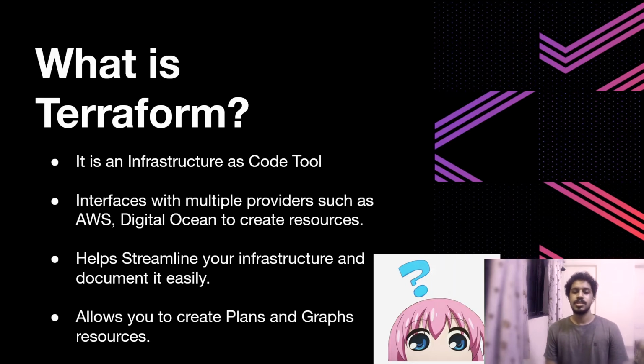What I mean by this is when you run terraform plan, it gives you an output, which is a plan, and you can store that output as a file, and you can run terraform apply on it.